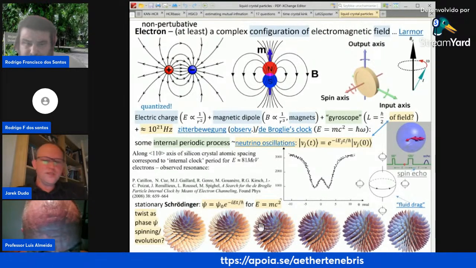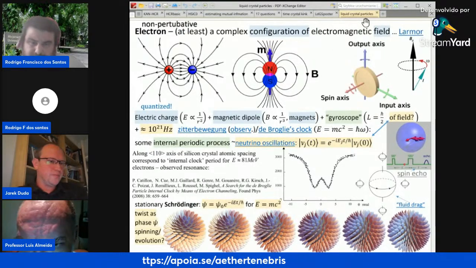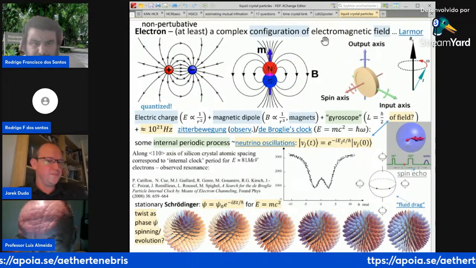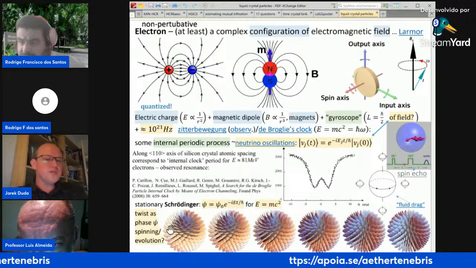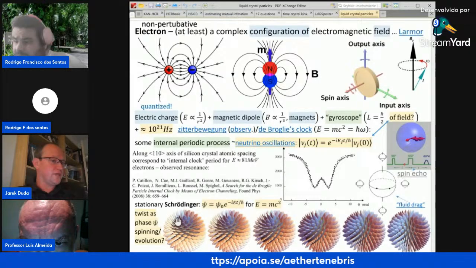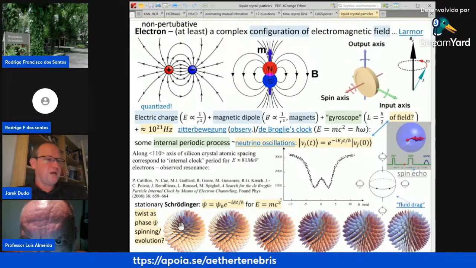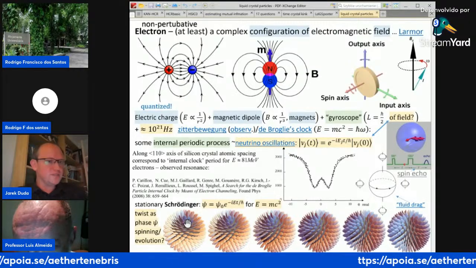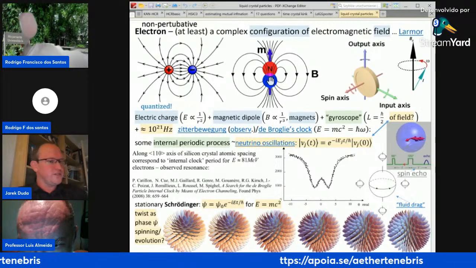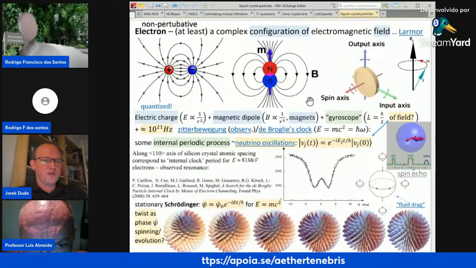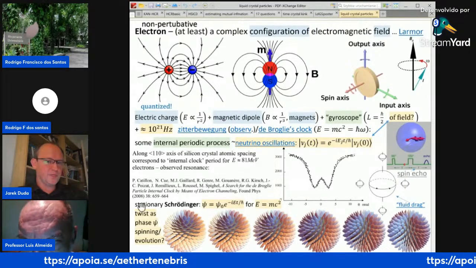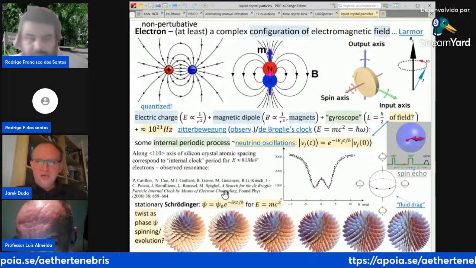Moreover, this twisting also acts as angular momentum, and we also see that it will bring the magnetic field. So finally, this hedgehog for quantized electric charge as topological, plus this continuous phase twist, combines the three properties: the magnetic dipole moment, angular momentum, and the clock. This is phase evolution.